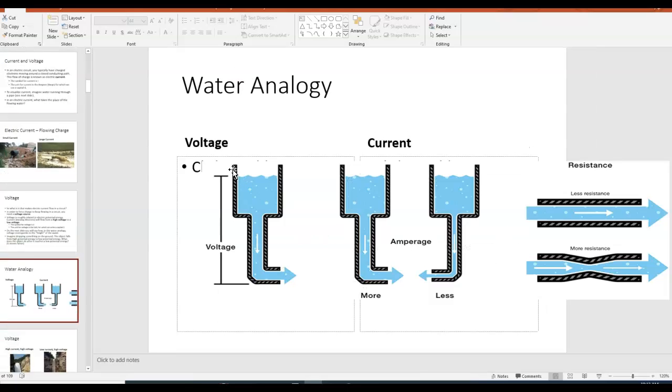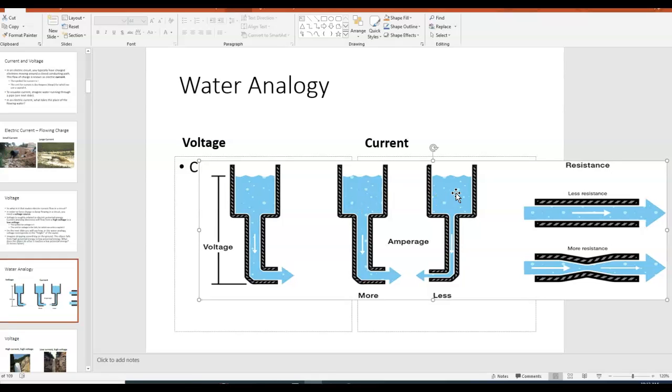The analogy I want to make with voltage is this. Looking at this picture, we can see that here in the middle we've got 2 water pipes, and the pipe on the left, where my mouse is, is wider, and therefore there's more water coming out than the pipe on the right. That means the pipe on the left has more current.